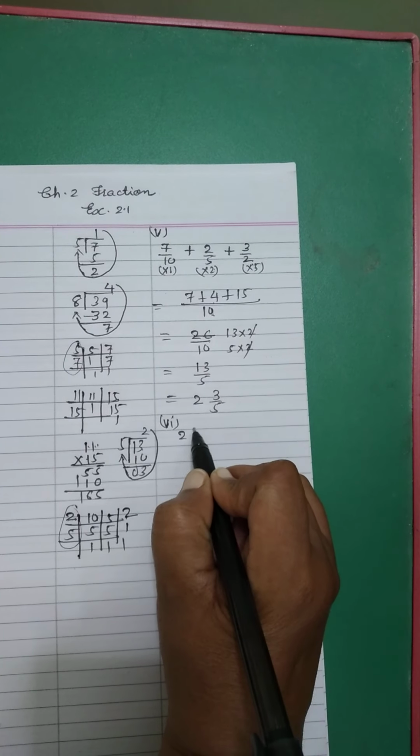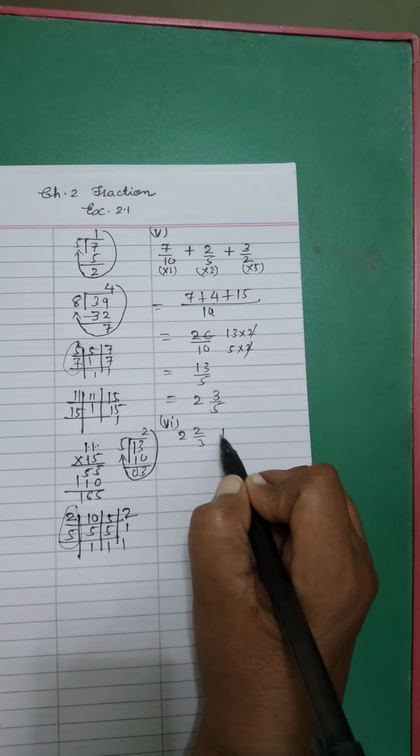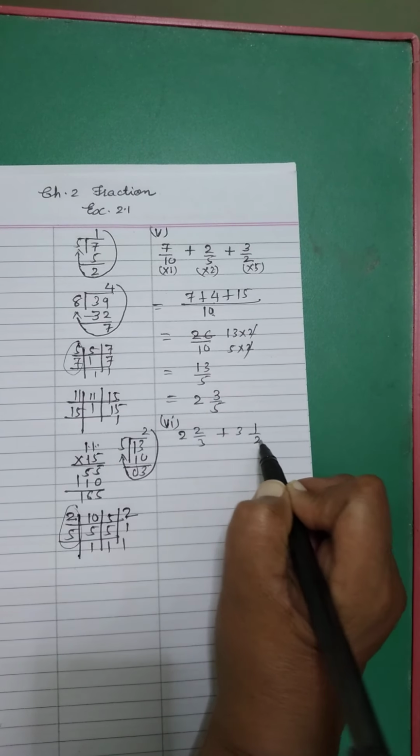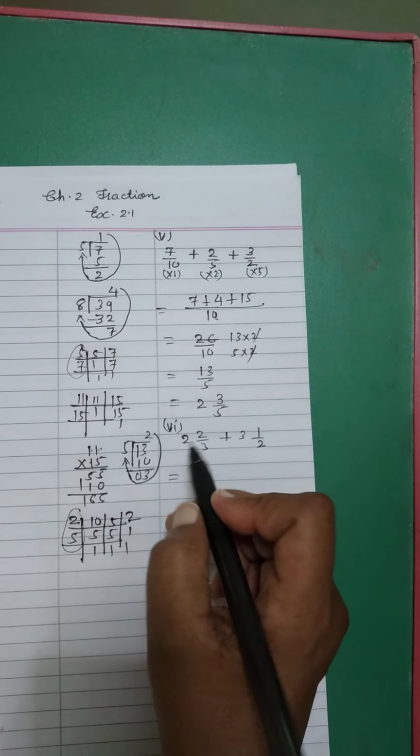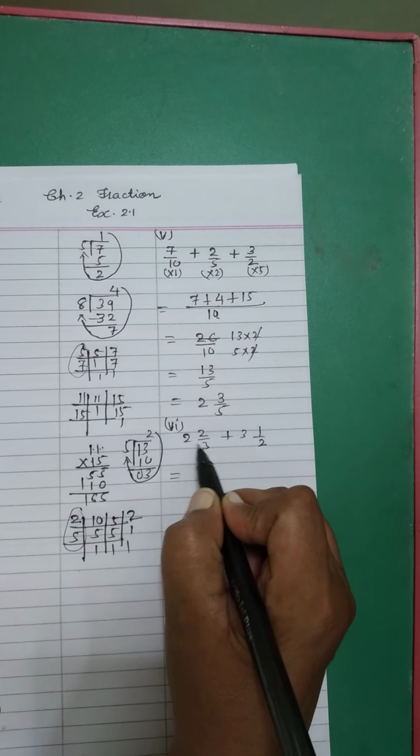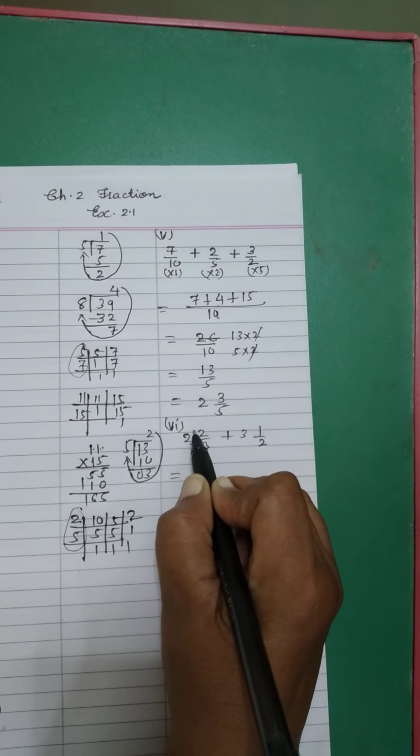2 integer 2 upon 3 plus 3 integer 1 upon 2. Now mixed fraction is given, so convert into a simple fraction: 3 multiply 2 plus whatever answer you get, add 2.